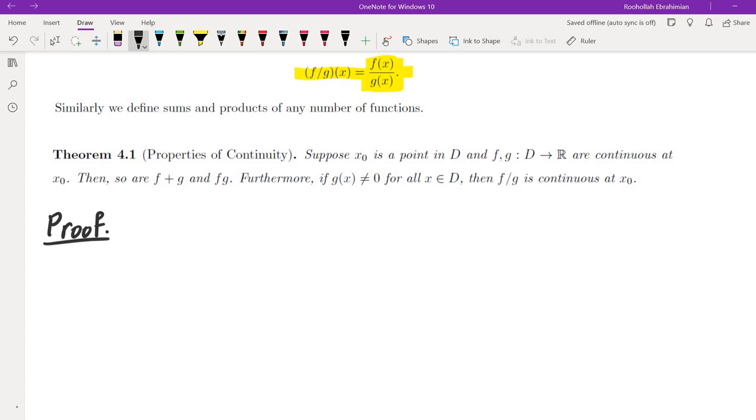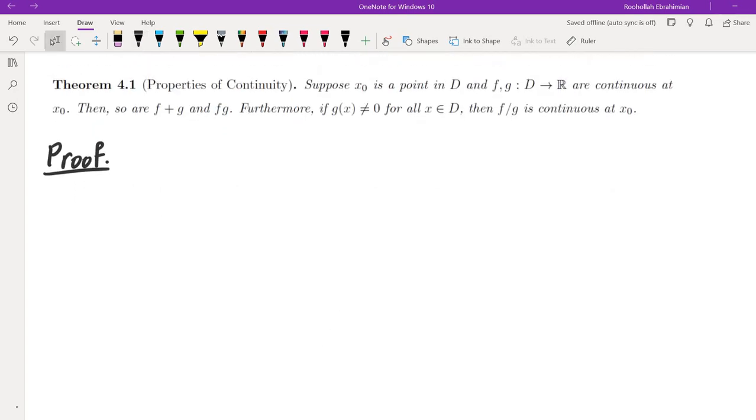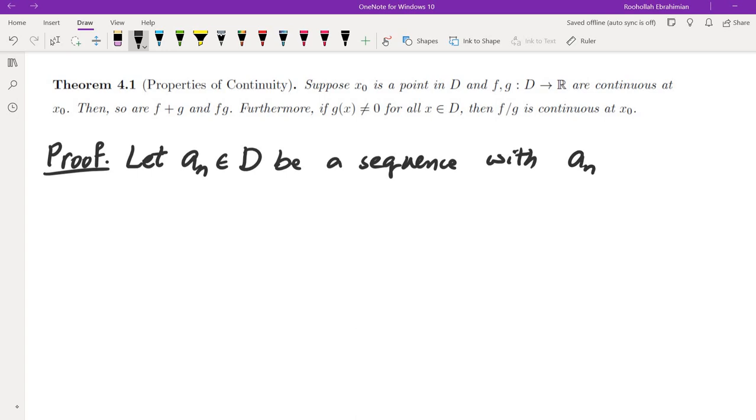Okay, so we will go ahead and prove this one. In order to show f plus g is continuous, we will have to take a sequence that approaches x naught and then show that f plus g of that sequence approaches f plus g of x naught. So let an in D be a sequence with an converging to x naught.